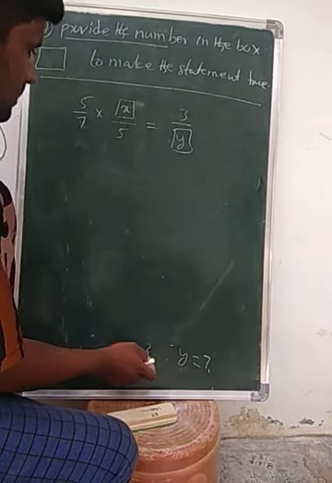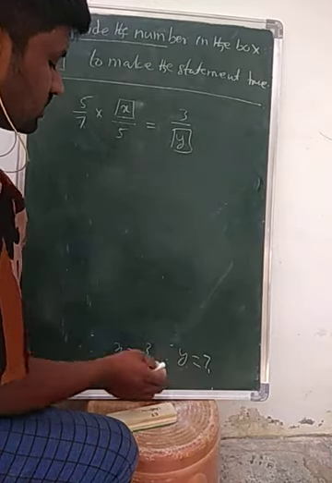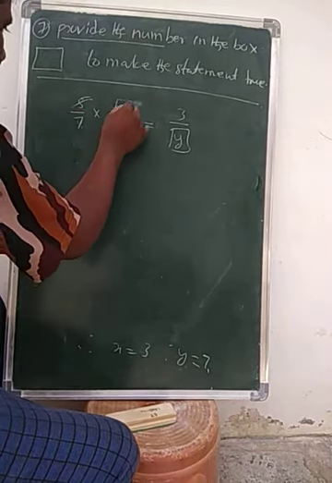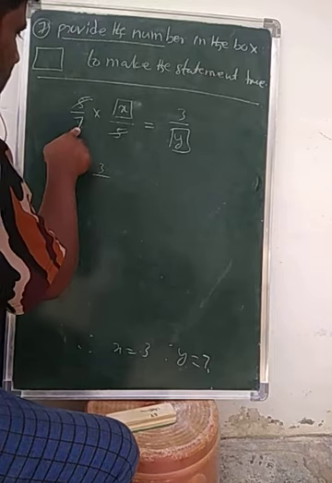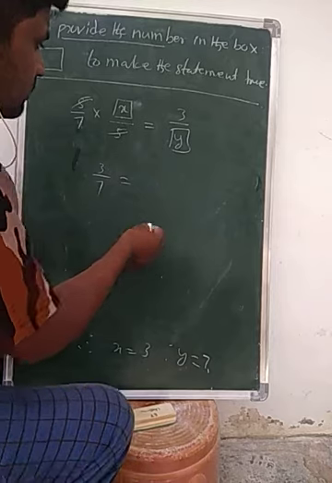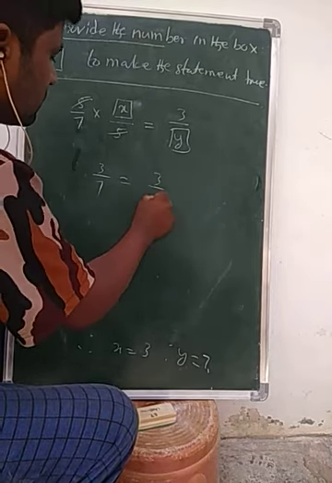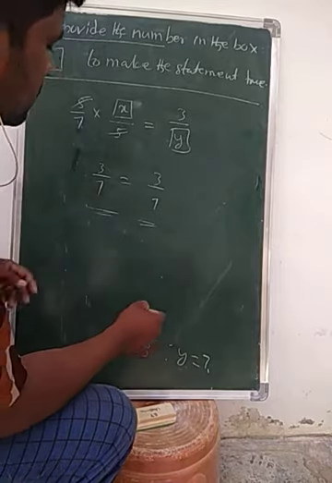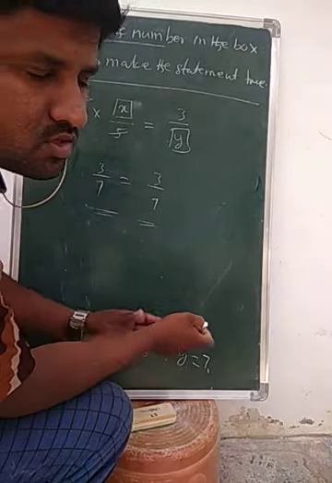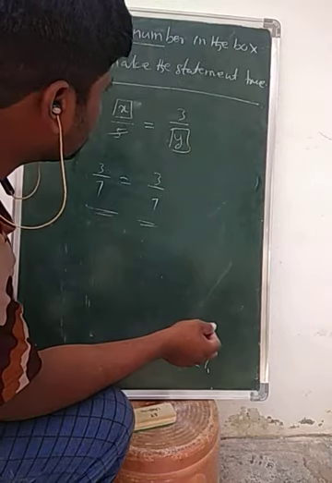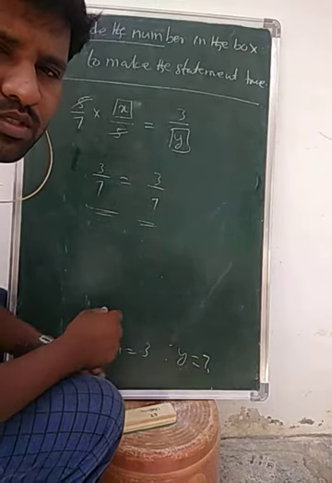The values are x is equal to 3 and y is equal to 7. 5 cancels, x means 3 by 7, equal to 3 by y, which means 3 by 7. 3 by 7 is equal to 3 by 7. LHS is equal to RHS. So like this you can verify it. Okay students, in the same manner you practice the remaining problems. Thank you.